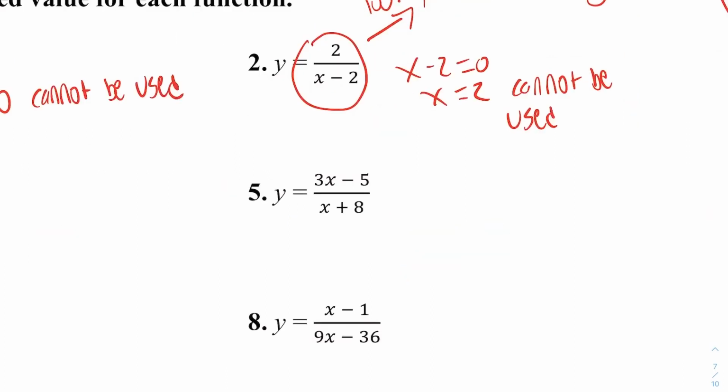Go to number 5. We're going to take the denominator and set it equal to 0. x plus 8 equals 0. That means x equals negative 8 cannot be used.